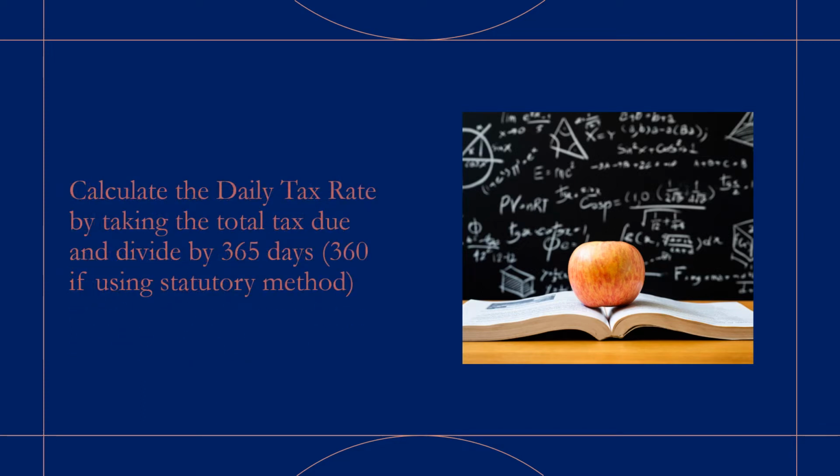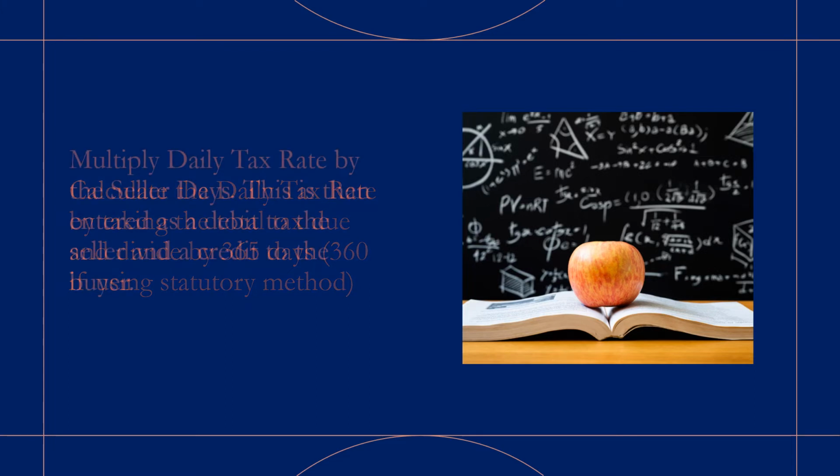You then calculate the daily tax rate by taking the total tax due and dividing by 365 days, unless you're using the statutory method, of course, and then that would be 360 days. You multiply the daily tax rate by the number of seller days. This is then entered as a debit to the seller and a credit to the buyer.